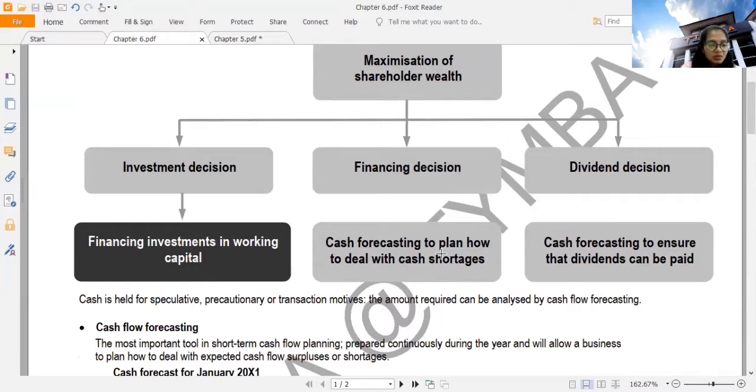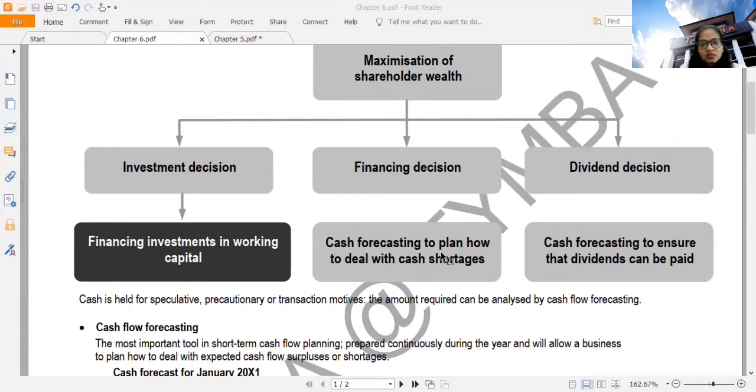That means we are talking about the finances that we require to fund our working capital in the company. For this whole time we did not say anything regarding cash. So here we are now talking about cash.